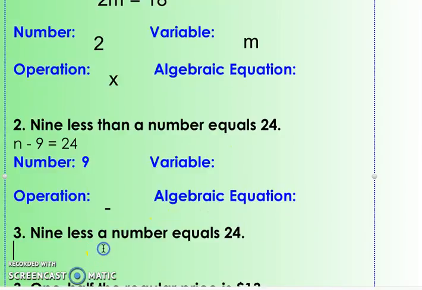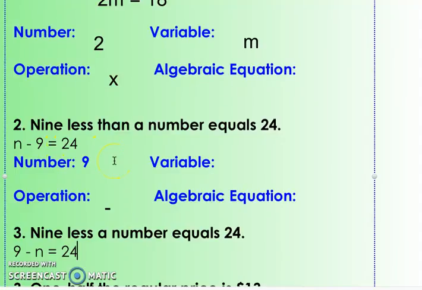When I say the word just less, it actually just means minus. So I'm actually starting with 9 and I am subtracting. So 9 less just means a subtraction symbol. And I don't have to switch the order because I'm not taking it away from what's unknown. I'm actually starting with 9 and I'm subtracting whatever my missing number is, n equals 24.